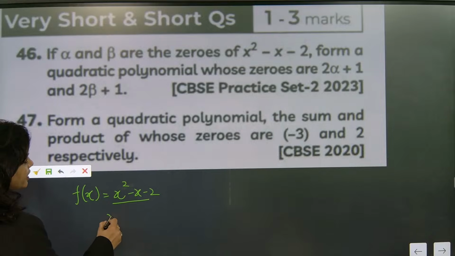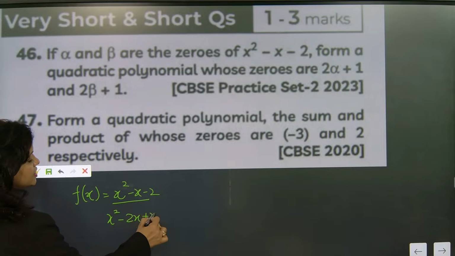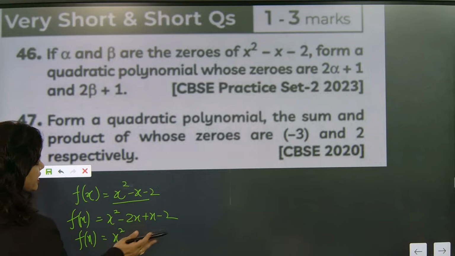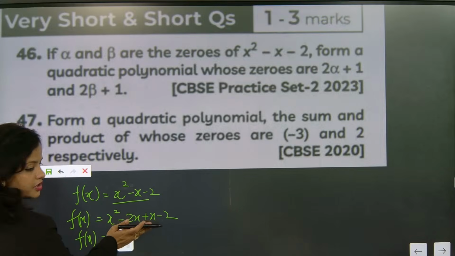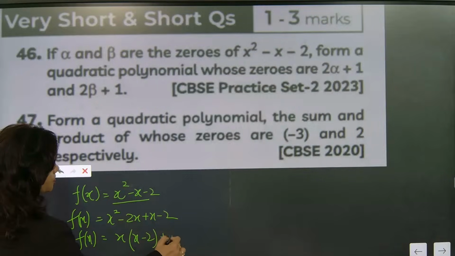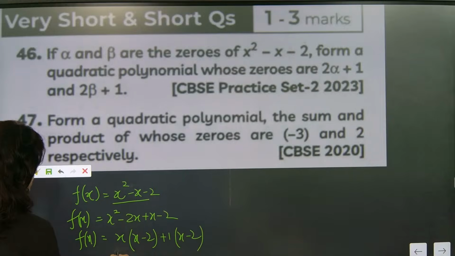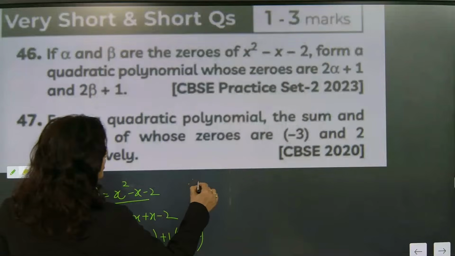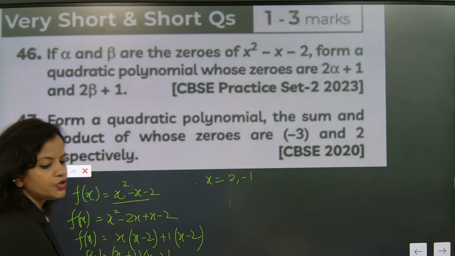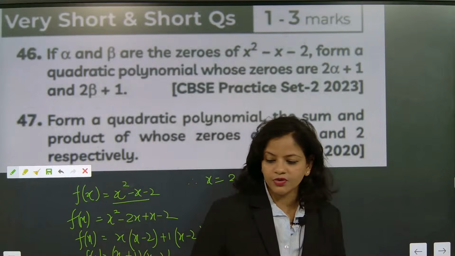It will become x square minus 2x plus x minus 2, so f of x is equal to x square; taking x common, it becomes x minus 2 plus 1, which is x minus 2. So x plus 1 into x minus 2 is f of x. So the values of x are 2 and minus 1. Next, what we are going to do?